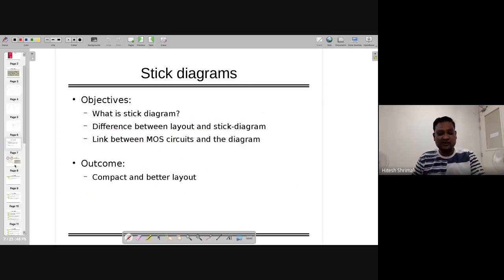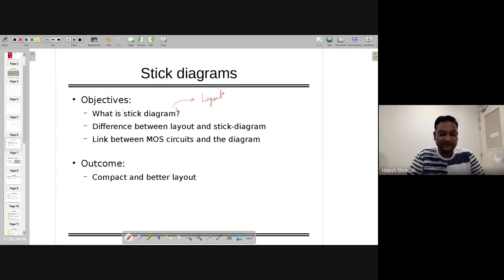Okay. So what is the objective of the whole thing, or the title of this chapter? You are making the stick diagram so that you can make an efficient layout. Generally, when you have thousands of transistors and you are making the layout, you get confused about what to do. In that case, it's better to make some sort of layout on paper, and some people make it with color pencils or color pens, then make the stick diagram, and then make the layout.